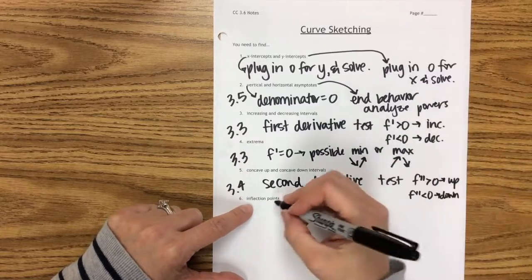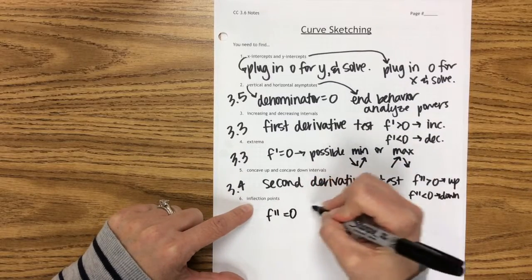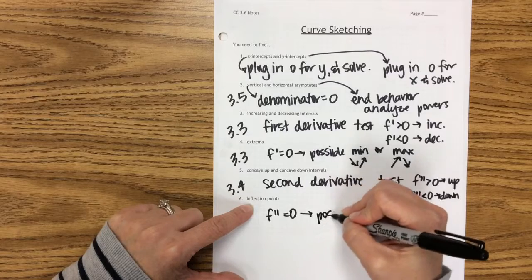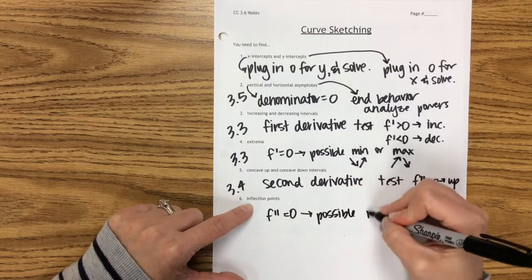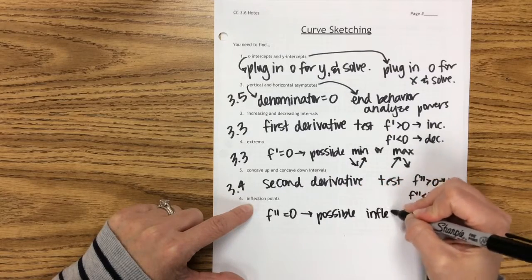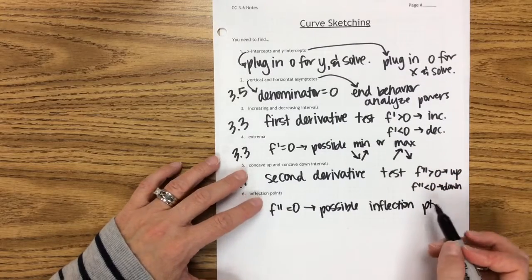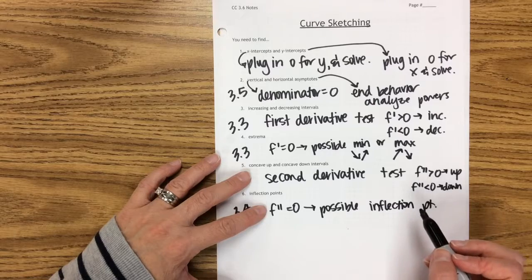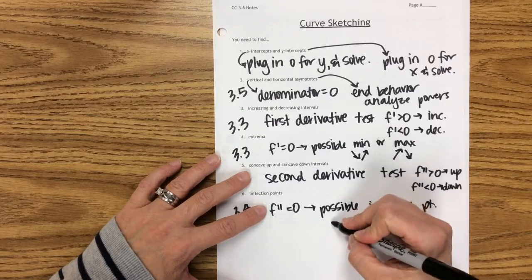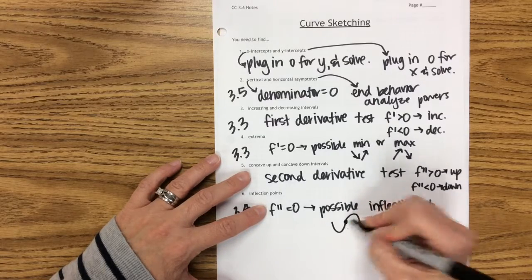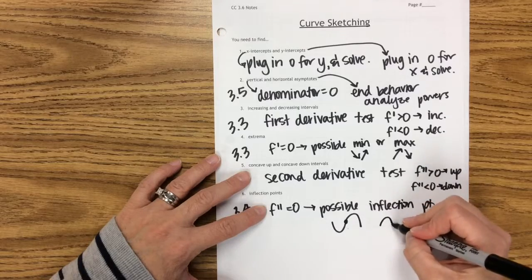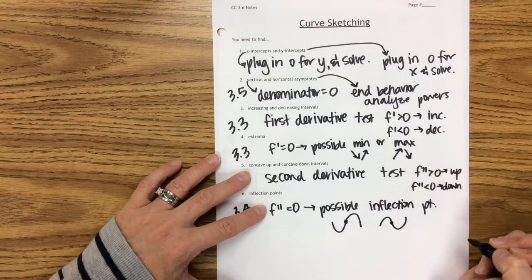Inflection points would be when the second derivative equals 0, there's a possible inflection point. And what you're looking for in inflection points is when there is a change in concavity. So when it goes from up to down or from down to up, those would be inflection points.